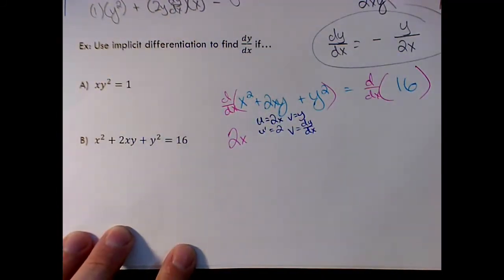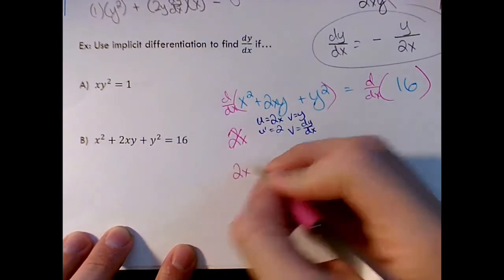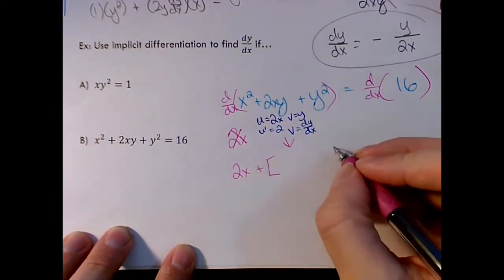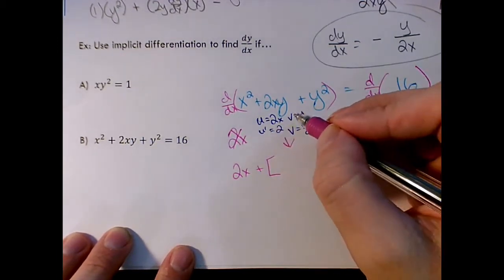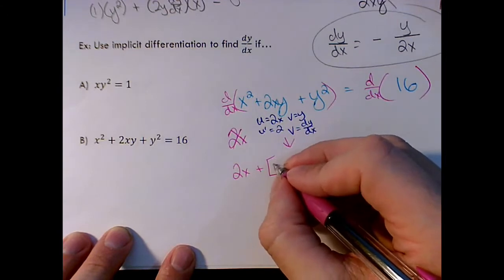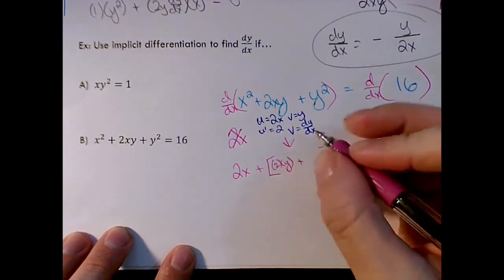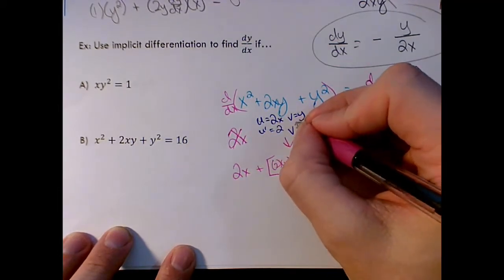Let me give myself a little bit more space. I'm going to move that 2x down. Plus, and I'm going to put this in brackets just so I have the space, u prime v is going to be 2y plus v prime. Oh, never mind, I'm good. I forgot to put the prime there.